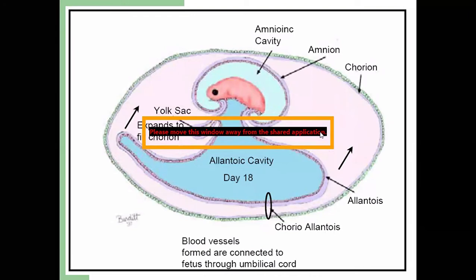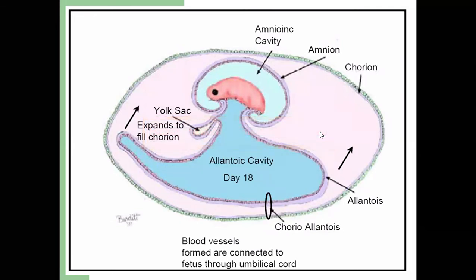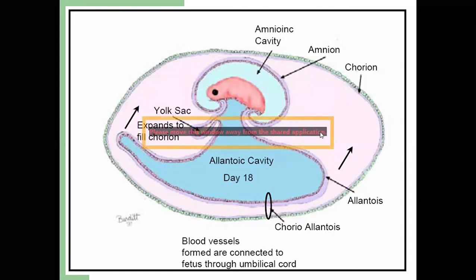Moving on. So we have successive slides where you have the transition of the embryo. You can now have the fusion of the chorion and the allantois. That's why you have a chorioallantoic fusion.